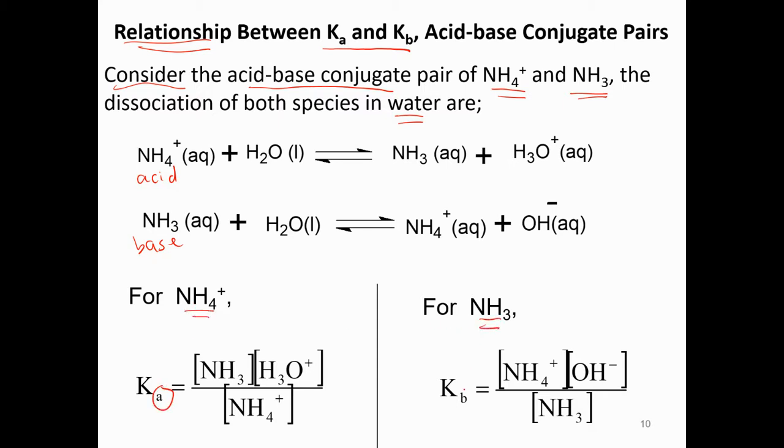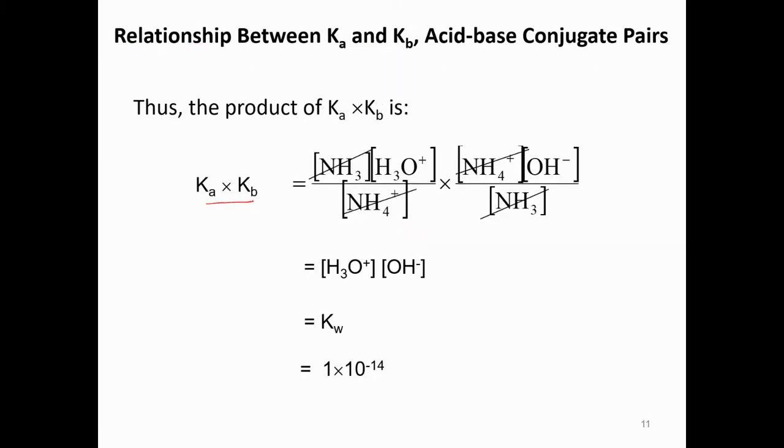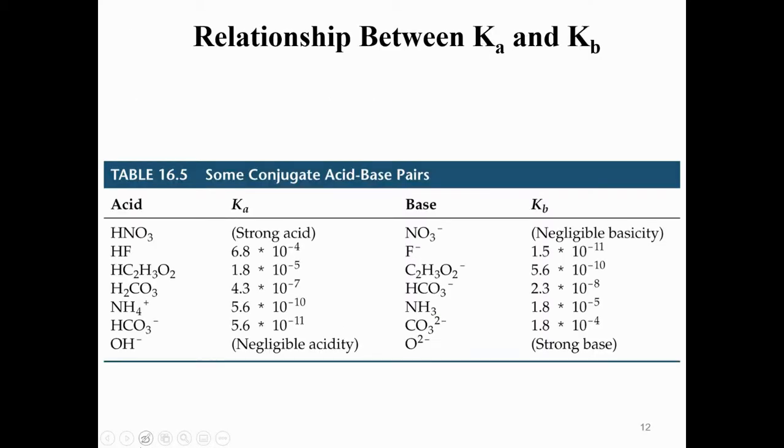For ammonia as base, we get Kb. When you multiply Ka and Kb, and then cancel off, you will get H3O plus concentration multiplied by OH minus concentration. And if you remember, the ionic product Kw equals the concentration of hydronium ion times hydroxide ion, and the value is constant. That is 1 times 10 to the power of negative 14.